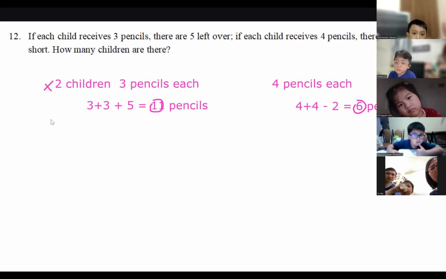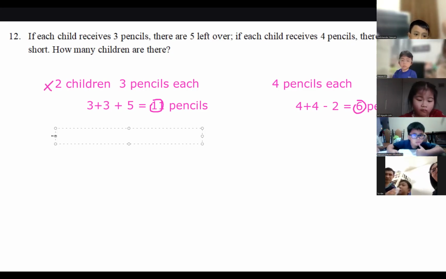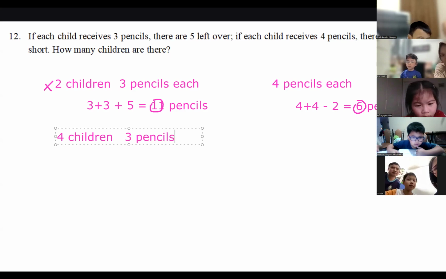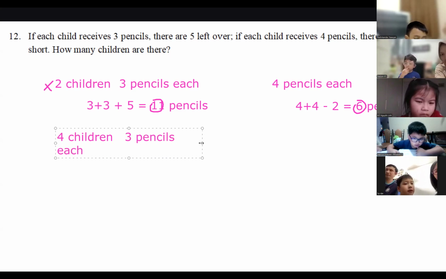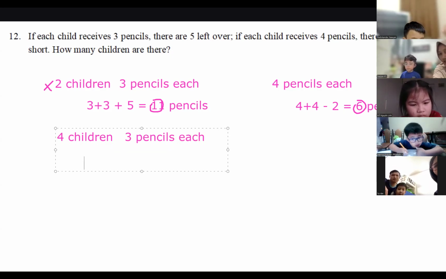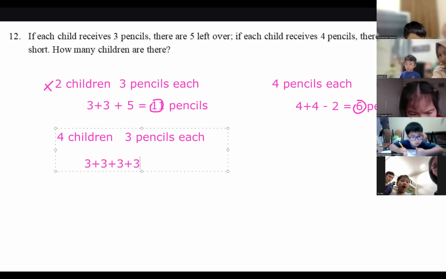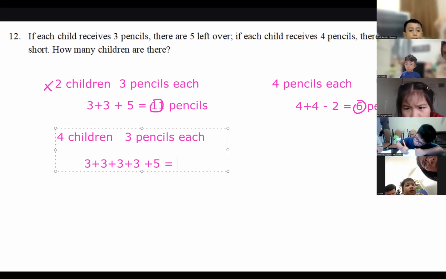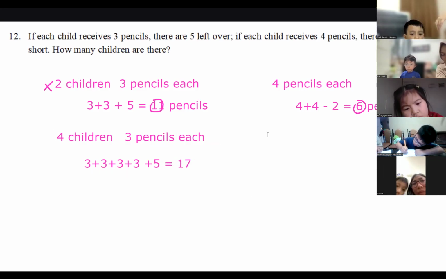You get it? Now let's try 4 children. You have 3 pencils each. You have 4 children, so that is 3 plus 3 plus 3 plus 3, and you have 5 that will be left over. So the total of pencils will be 17. You get it so far?